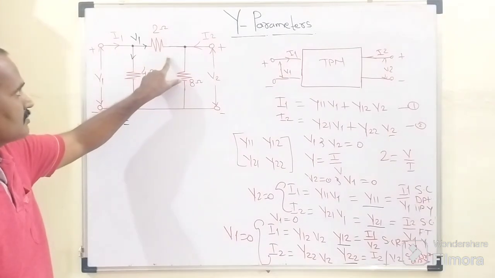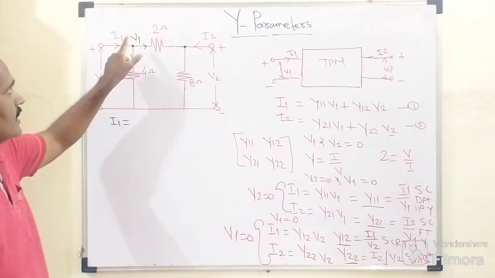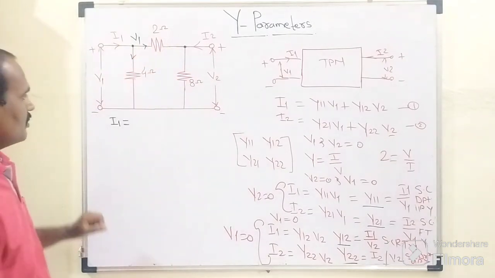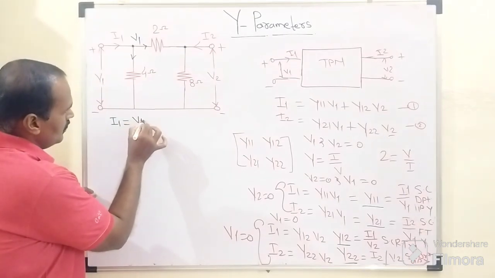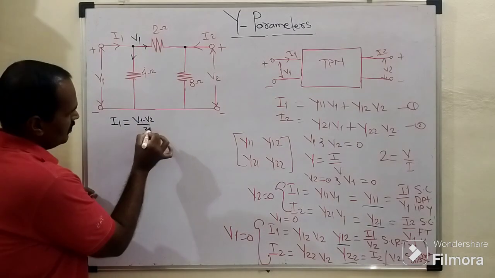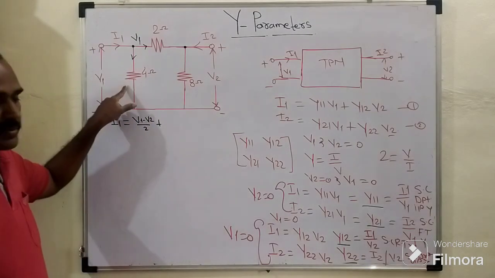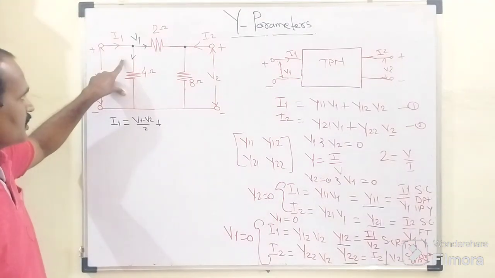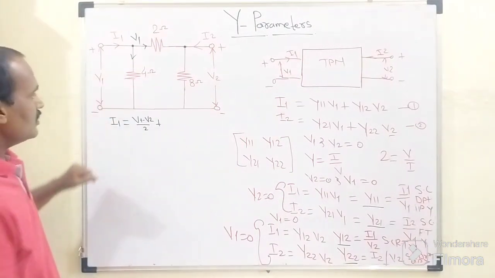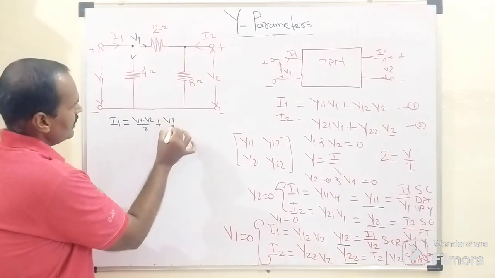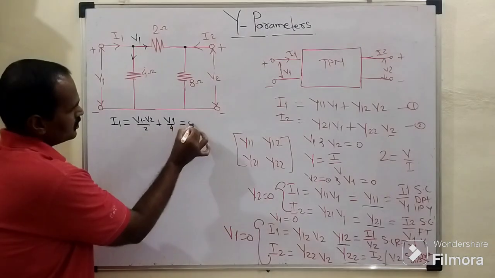The current flowing through this branch is (V1 minus V2) upon 2, plus, as far as this particular branch is concerned, according to Ohm's law, I equals V by R, so V1 by 4, equals 0.